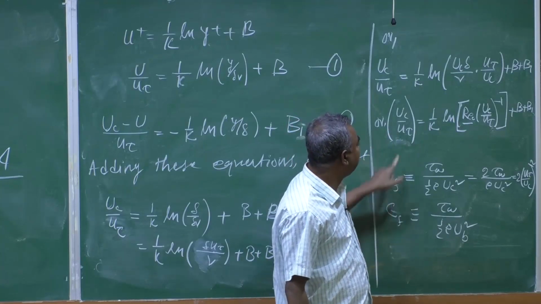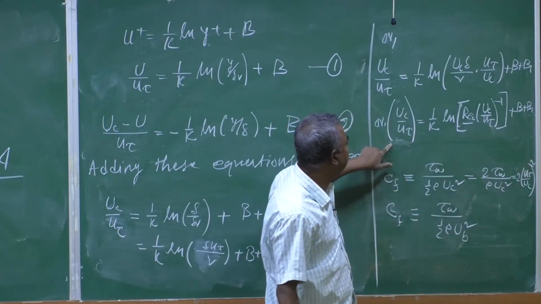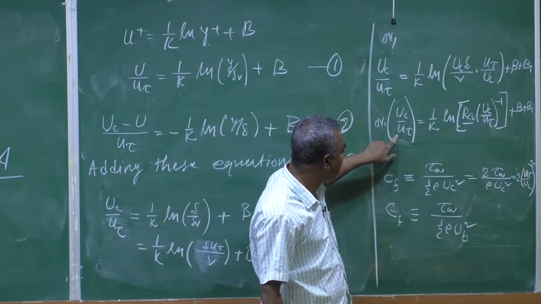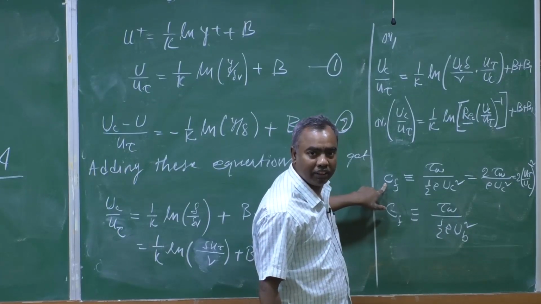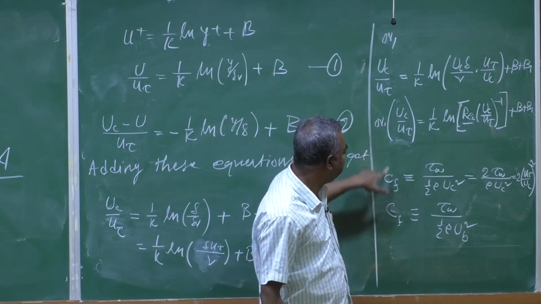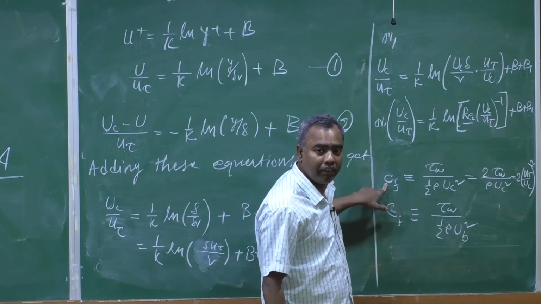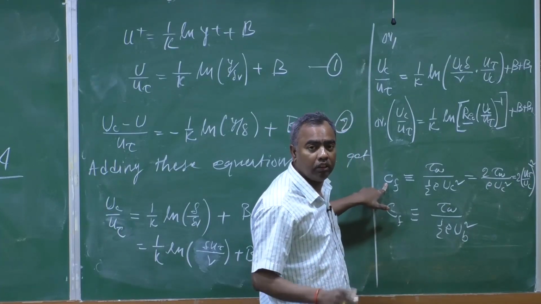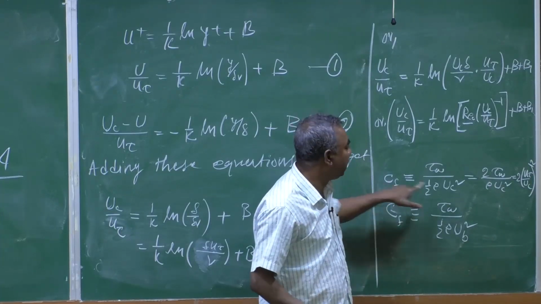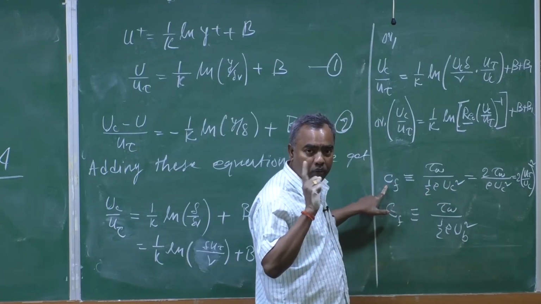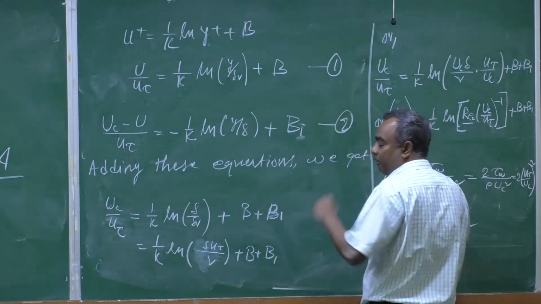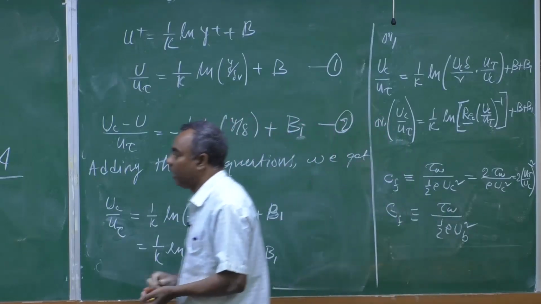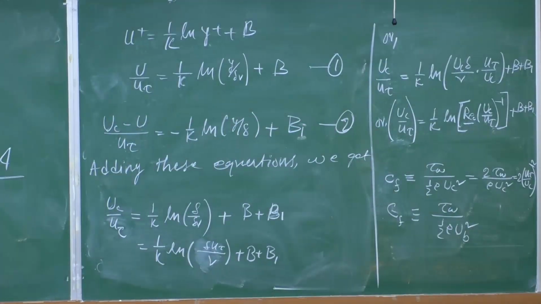So if we can solve this equation for u_c by u_tau, essentially we are solving for cf, that means we are finding the skin friction coefficient for our channel flow. That is one of the aims of this analysis, and we can do it from this equation. Now, if we plot this, how does it look?